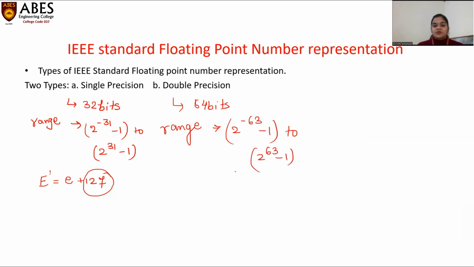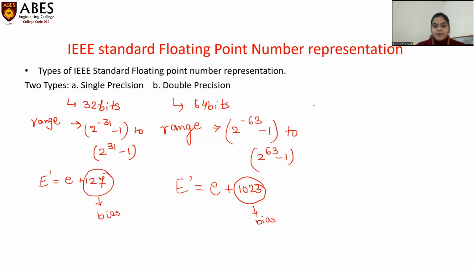So this is the range of numbers that can be represented in double precision. Here, the biased exponent can be calculated as E dash equals E plus 1023. So this 1023 is the bias value for double precision, and in single precision, 127 is the bias value. Right? So these are the basic points for single precision and double precision.